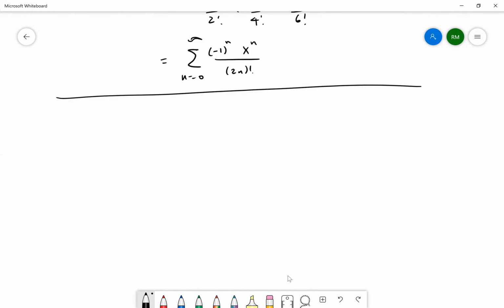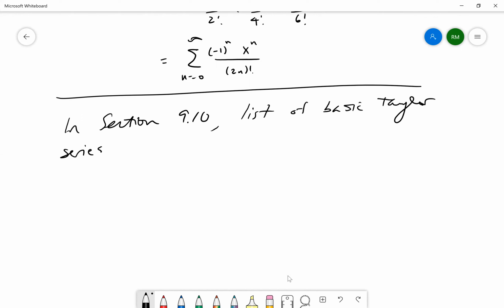So now that you've had some experience with Taylor series, in section 9.10, there's a list of some basic Taylor series. You don't need to have them memorized, you're welcome to, but you should know how these series were derived. That is, you should be able to figure out what they are on your own, like on an exam.